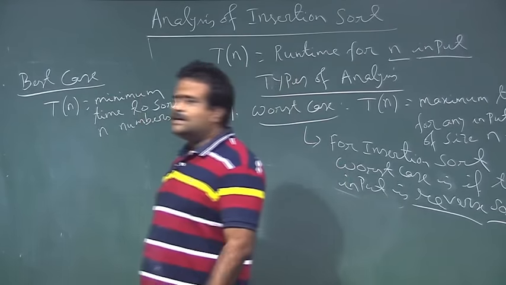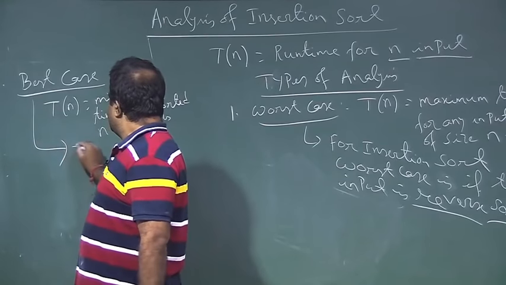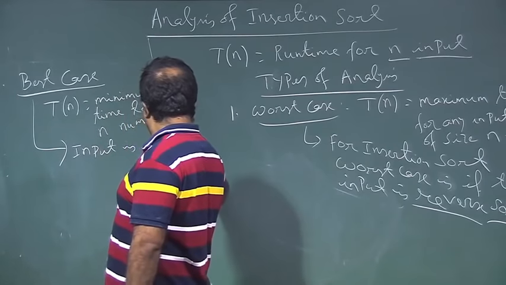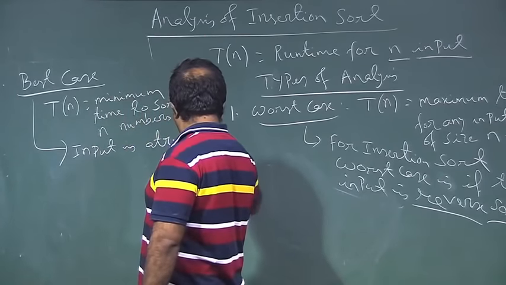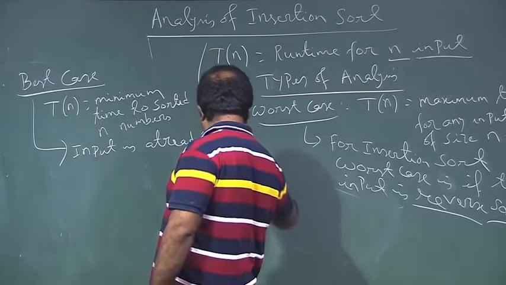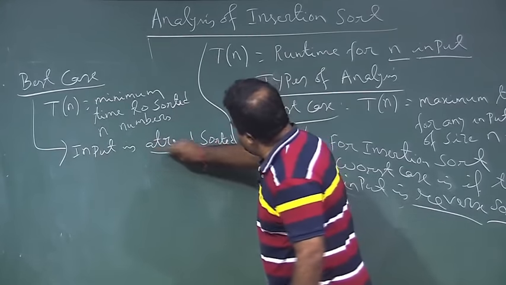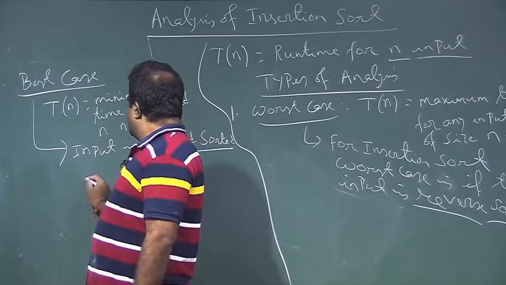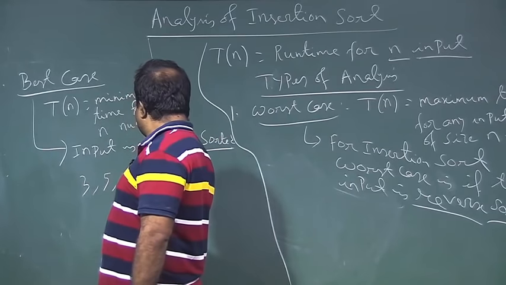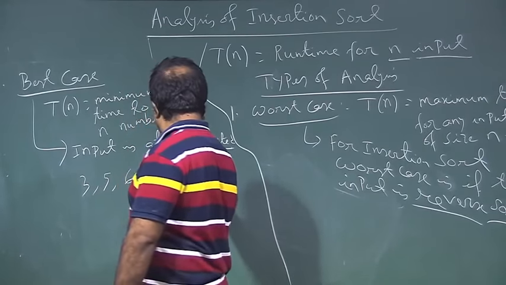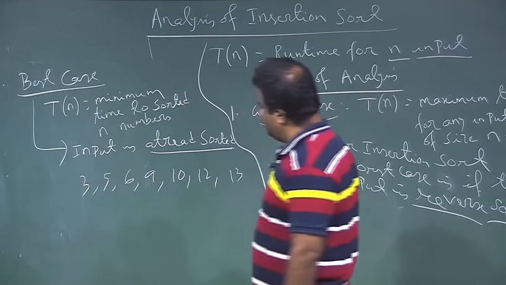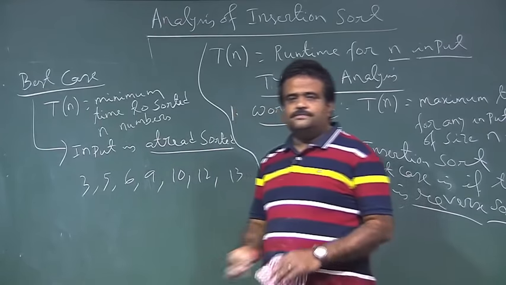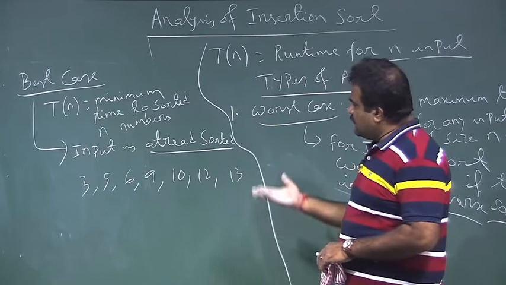So for insertion sort, when will the best case occur? If the input is already sorted. That means if we have input like 3, 5, 6, 9, 10, 12, 13, which is already sorted, and we run insertion sort on it, how much time do we spend?